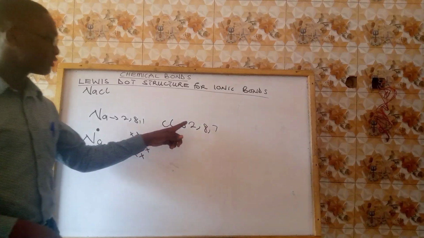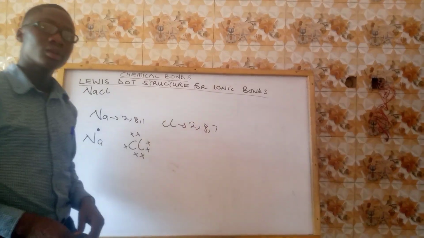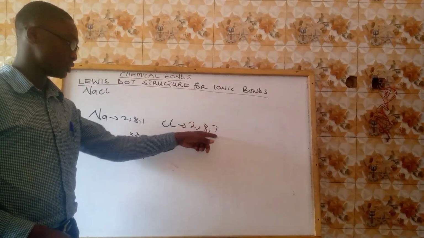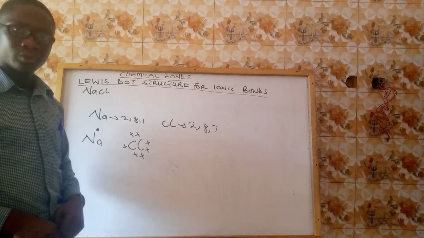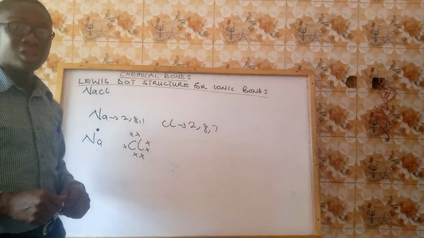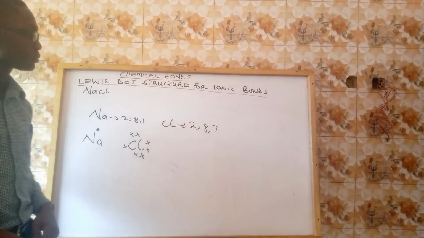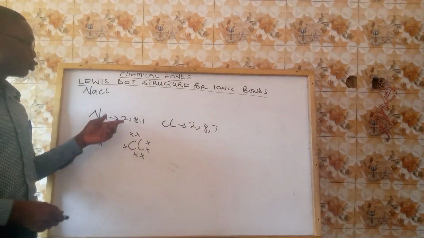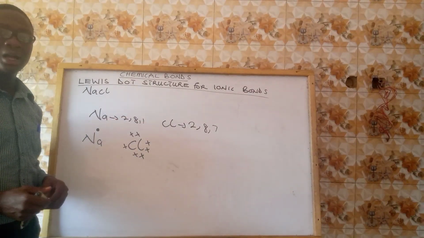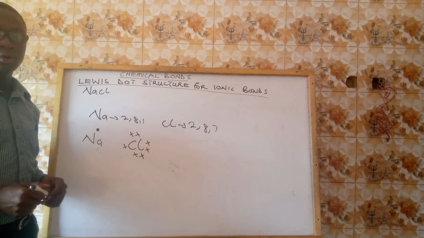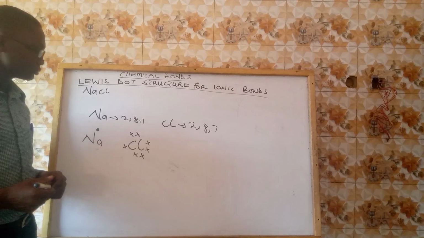And for chlorine too, we have 3 shells, 1, 2, 3. The last shell has 7 electrons. For the octet, the last shell should have 8 electrons. So either it gains 1 electron or loses these 7 electrons. Now sodium will lose 1 electron to become positively charged because it is a metal.